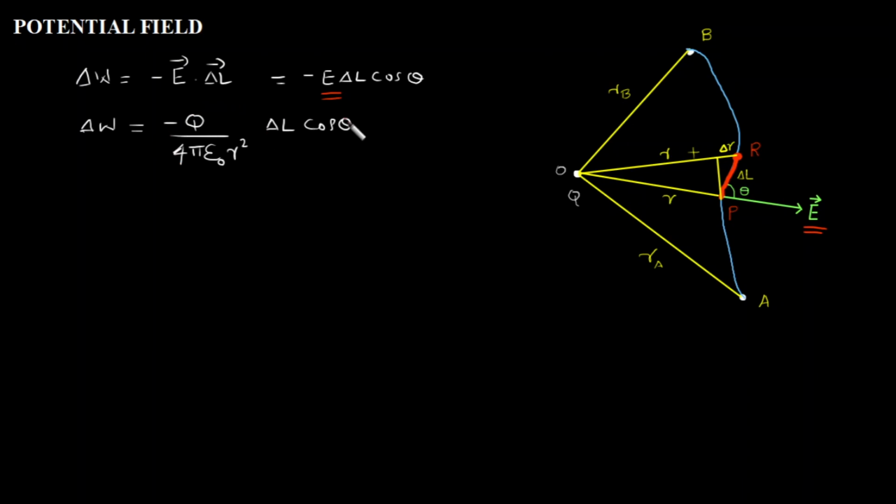In the sense, can I get some substituting value from the figure which is meaningful, so that I can get an expression for delta W in a better way? This delta L cos theta is disturbing me to get a better equation. So can I have a better expression for delta L cos theta from this figure? I have theta here, I have delta L here.